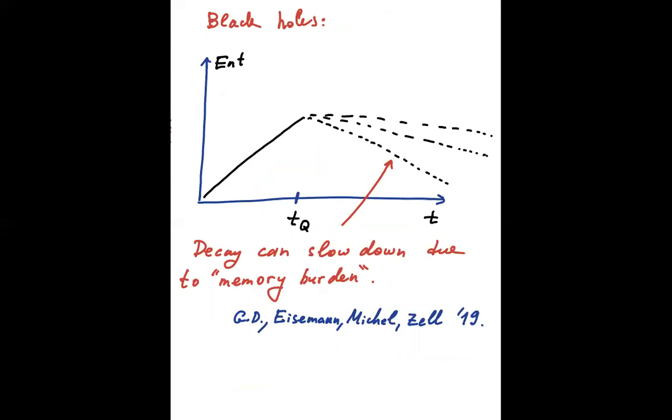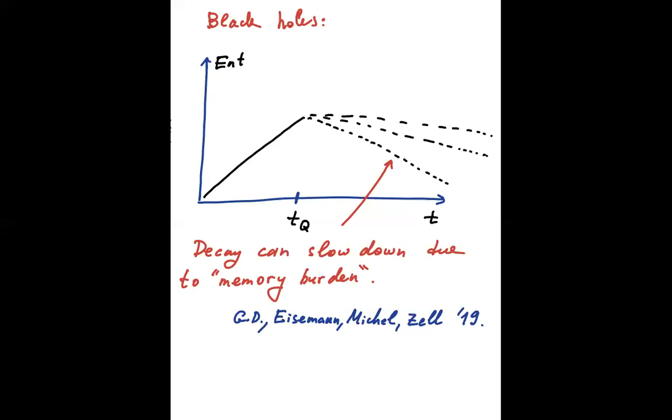At least there is no evidence that that type of rate continues. And there are some arguments why a black hole could slow down evaporation beyond half emission time.